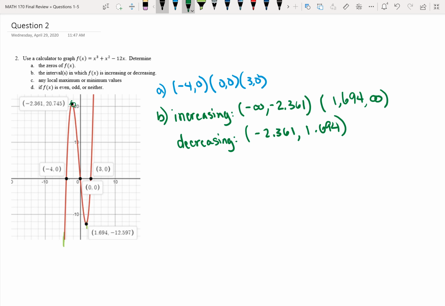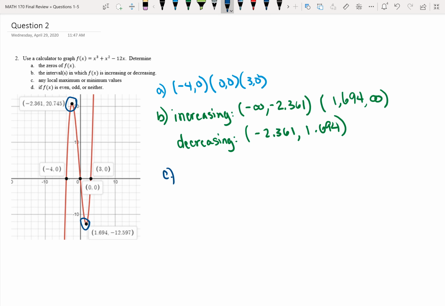All right, part C wants us to find our local minimums and maximums, and that's where our graph changes directions. This is as tall as the graph is going to get right there at that localized point, and this is as small as it's going to get.